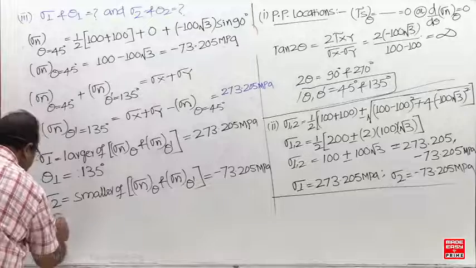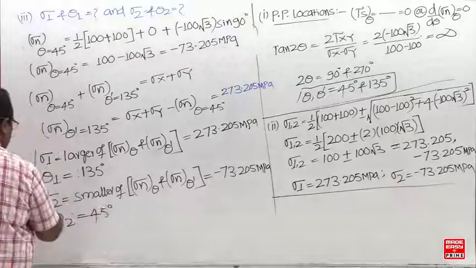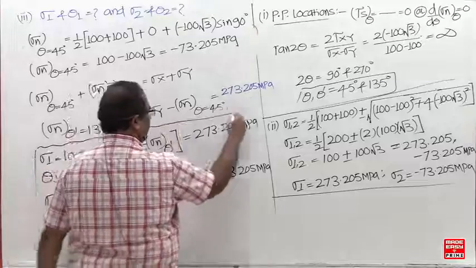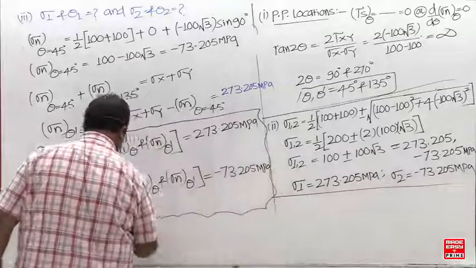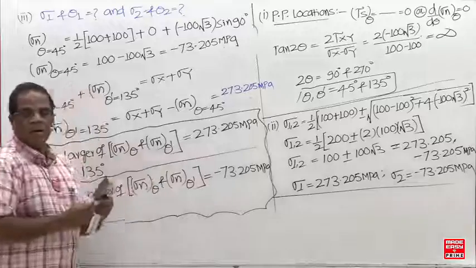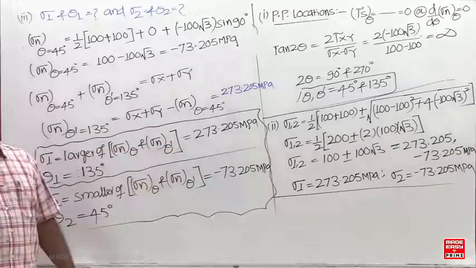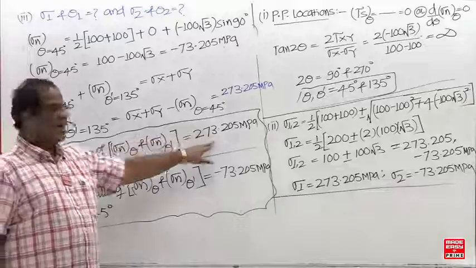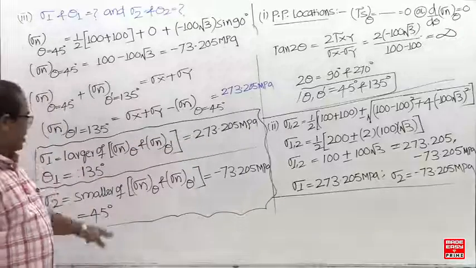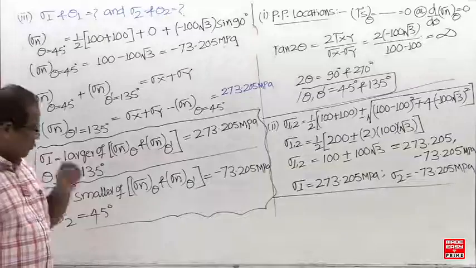And what is this plane location? It means the tensile stress becomes maximum. Tensile stress becomes maximum at what angle? 135 degrees. And compressive stress is maximum at an angle of 45 degrees.